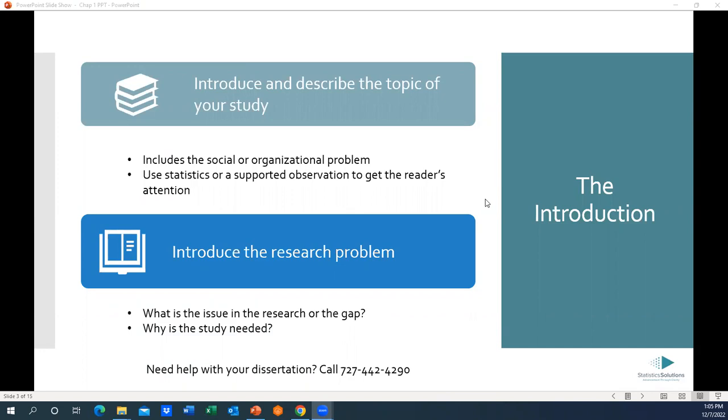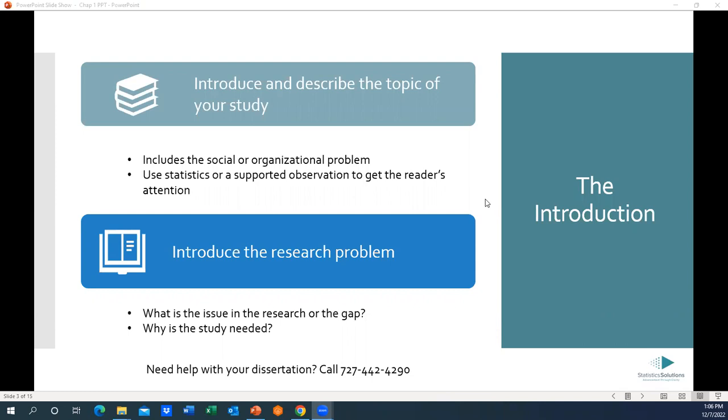So studies usually proceed from some kind of problem, right? In other words, there needs to be a reason to study something. So usually there's an organizational issue or organizational problem or some kind of social issue or social problem. Studies proceed from things like attrition rates, maybe student attrition or teacher attrition, or loss of a certain kind of employee in a certain sector.